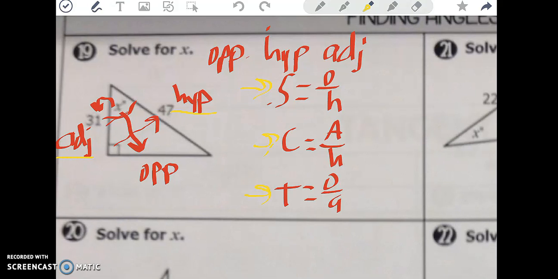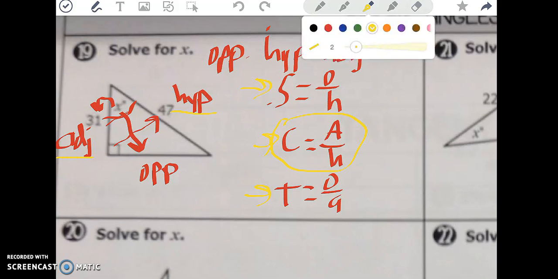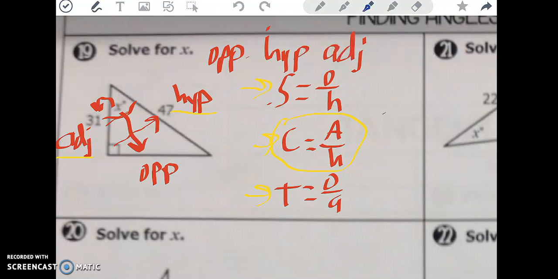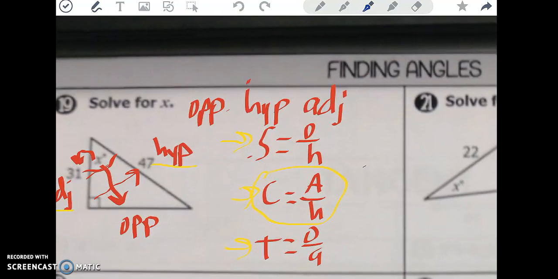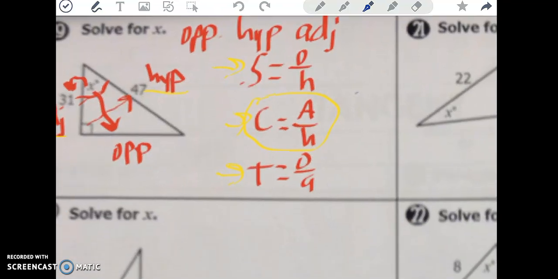We have the adjacent and hypotenuse, and that would be dealing with cosine. So let's try to find our angle using that. Remember, I talked about yesterday, to find the angle, use the inverse. Inverse angles, inverse angles.